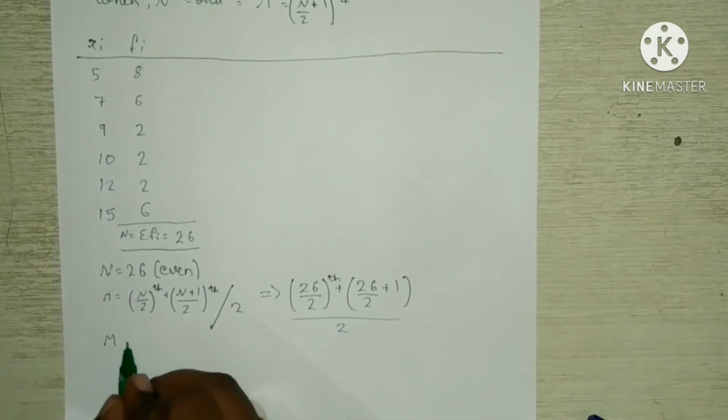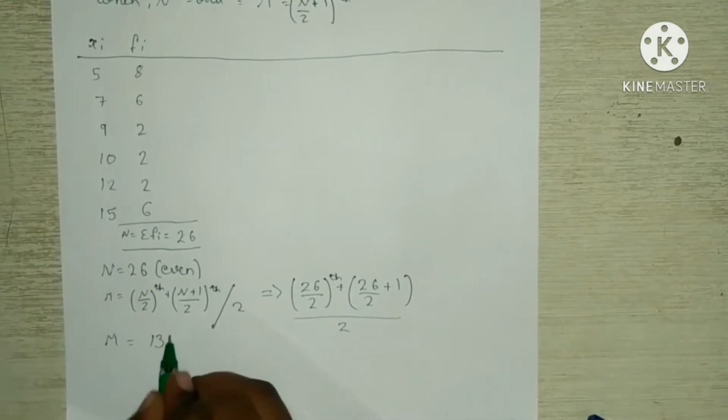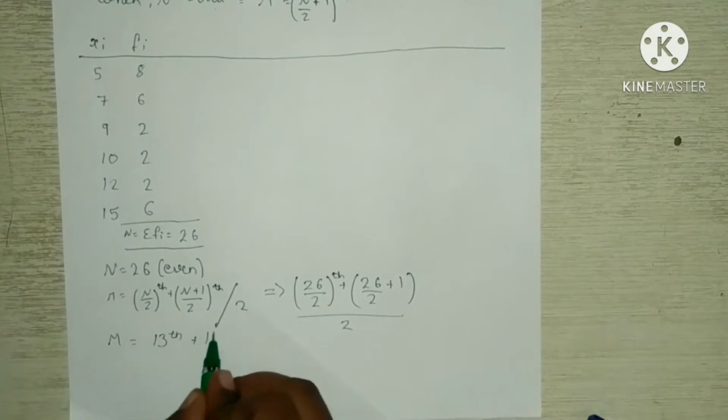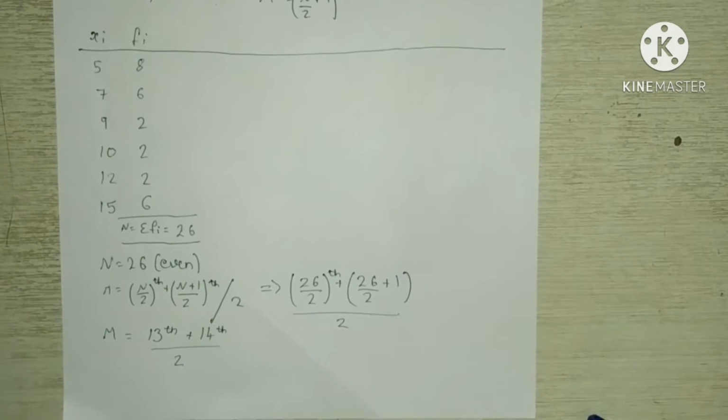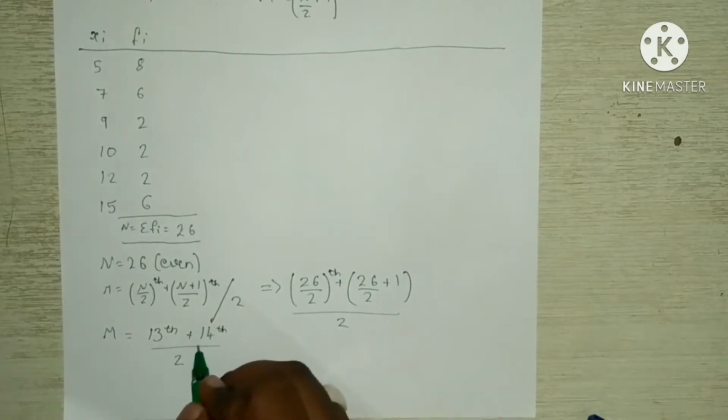Median is equal to the 13th term plus the 14th term, all divided by 2. Which is the 13th term and which is the 14th term?